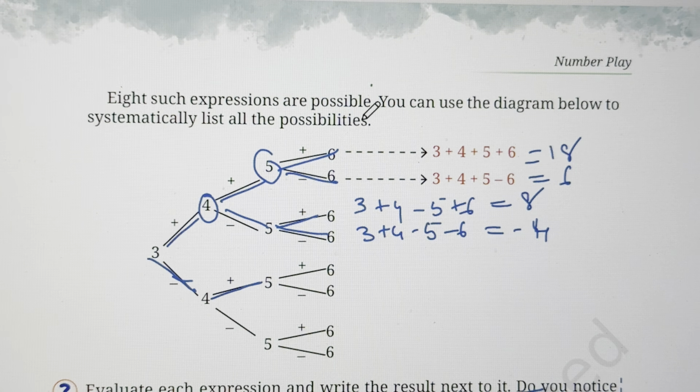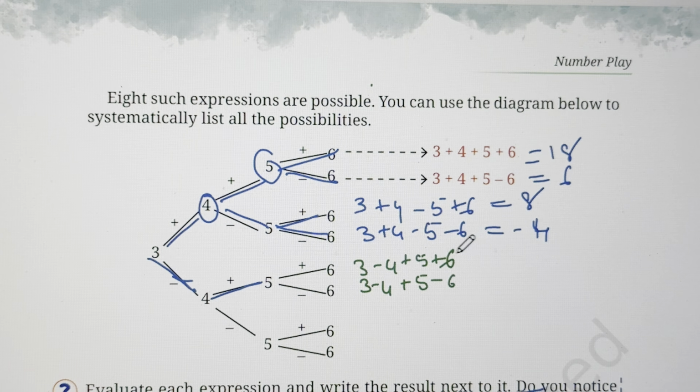Now we are doing 3 minus 4 here. So 3 minus 4 plus 5 plus 6, and 3 minus 4 plus 5 minus 6. These are the next 2 possibilities. So 3 minus 4 plus 5 plus 6.